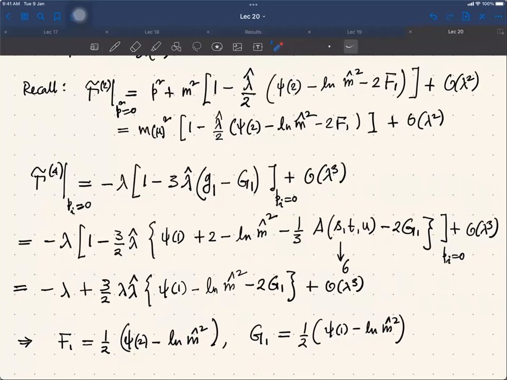you see that we have observed earlier that though the residues of the poles have polynomial dependence, and those are homogeneous polynomials in P and M, that is not true for the finite parts.